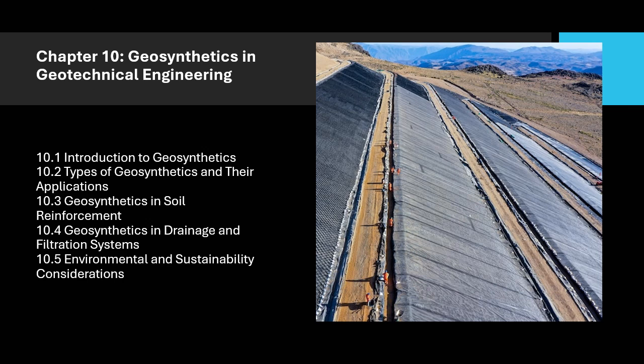10.2.5 Geocomposites. Description: Geocomposites are multi-layered materials that combine different types of geosynthetics to provide a combination of functions. For example, a geocomposite may combine a geotextile for filtration with a geomembrane for impermeability, or a geotextile with a geogrid for reinforcement.